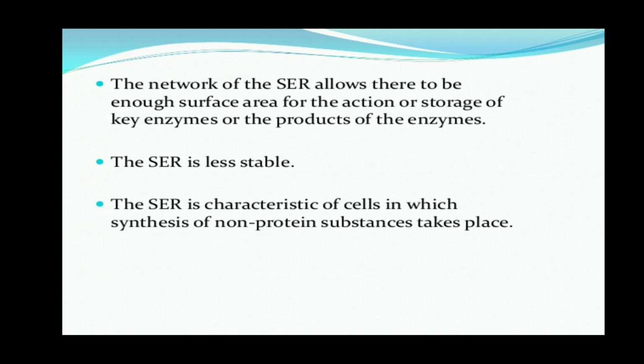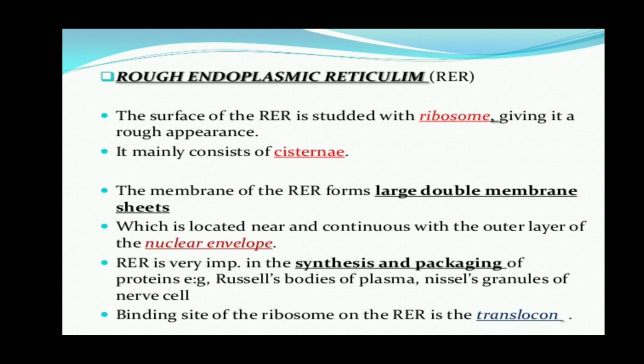The network of SER provides enough surface area for the action or storage of key enzymes or the products of the enzymes. SER is less stable as compared to rough endoplasmic reticulum, RER. The SER is characteristic of cells in which the synthesis of non-protein substances takes place.